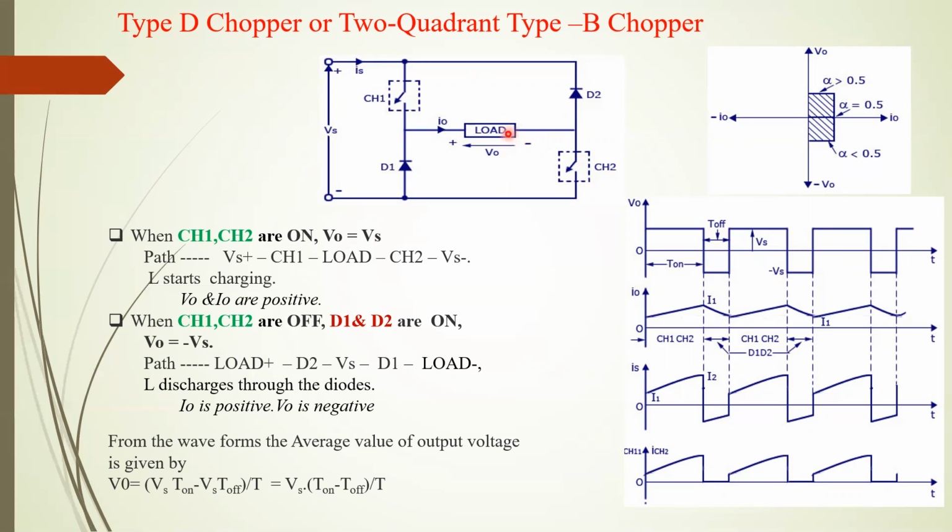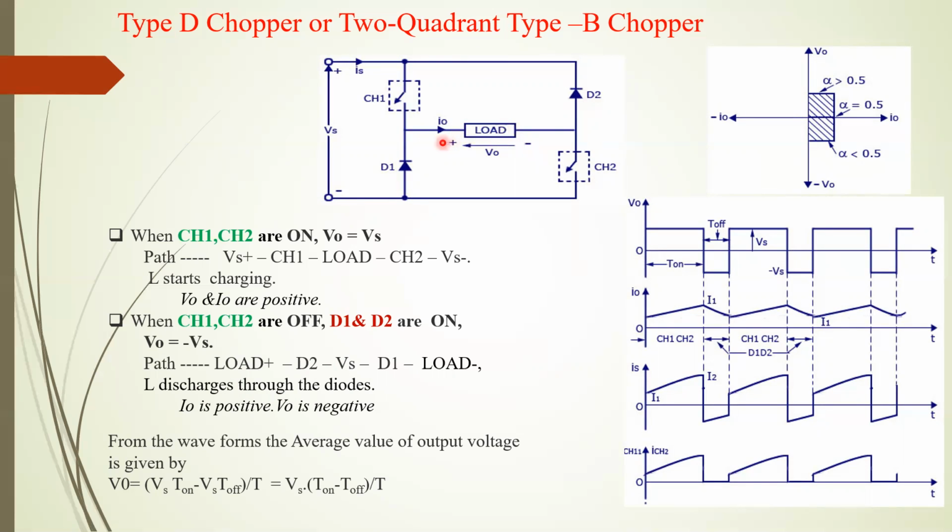It starts discharging through D2 to Vs, Vs to D1, and it completes the path, that is V0. So the path is load to D2, D2 to Vs, Vs to D1, D1 to load. Here the L discharges through diodes D1 and D2.